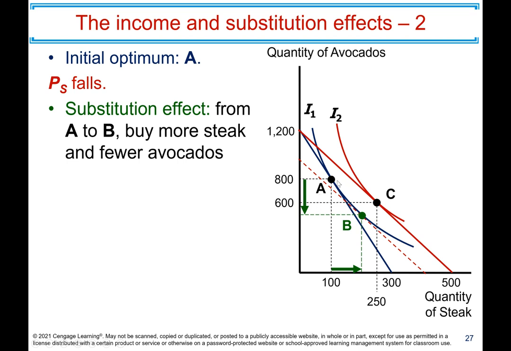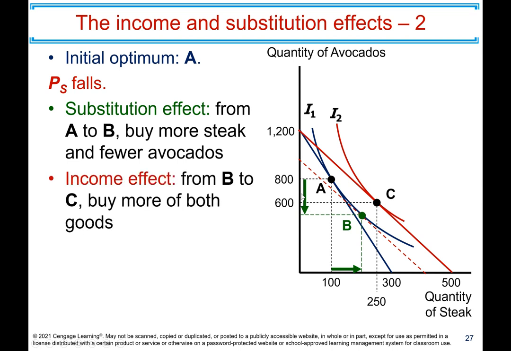From A to B, you move on the same original indifference curve. From A to B, he buys more steak and fewer avocados. You move from 100 to the new point, and fewer avocados from 800 to the new spot.